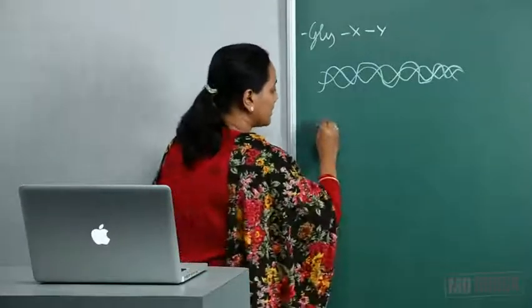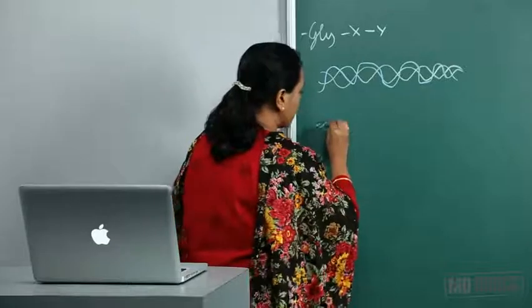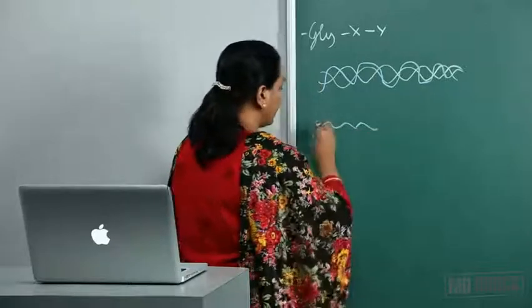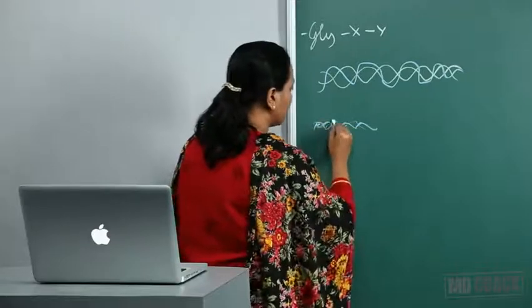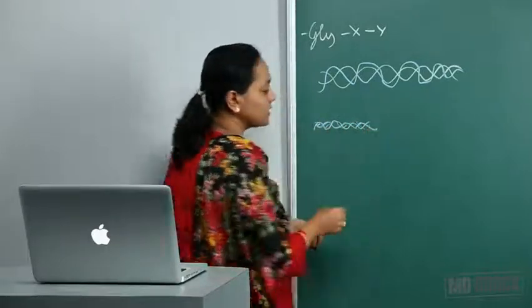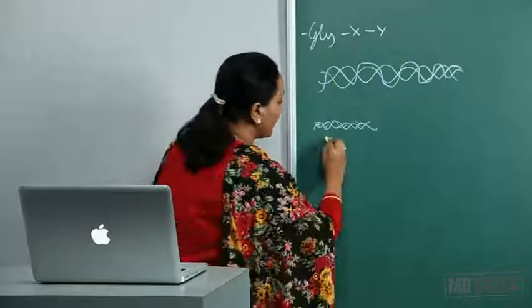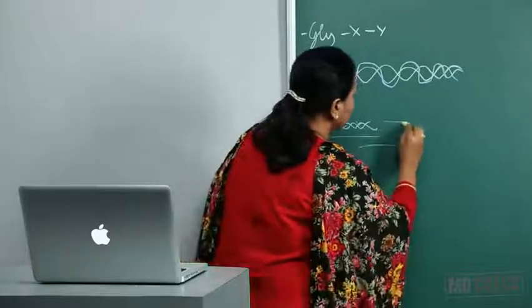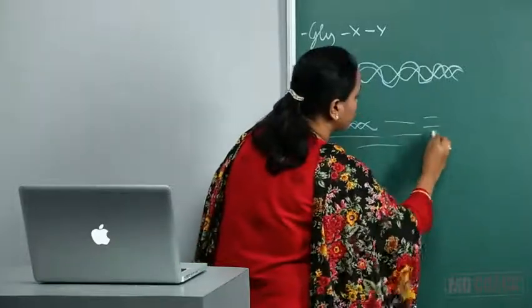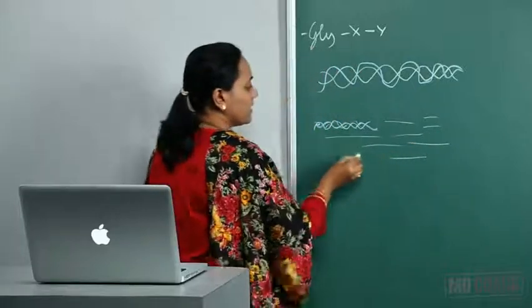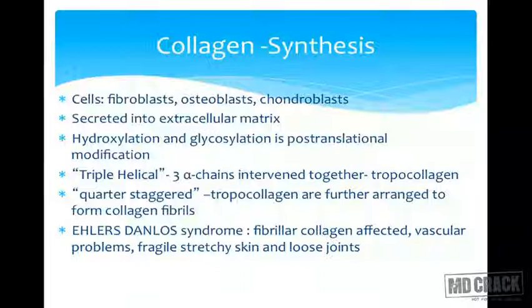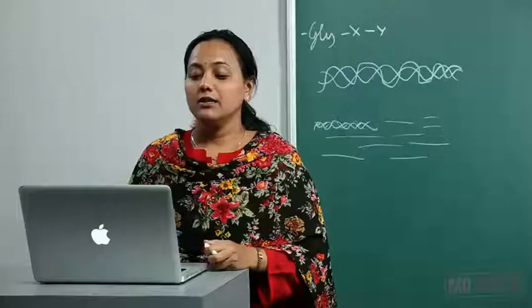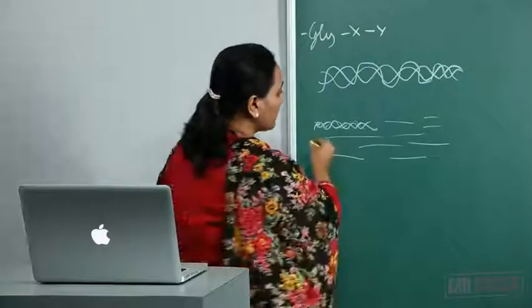Now, many such tropocollagen molecules, I'll just show it briefly like this, will aggregate together. This type of arrangement in which the tropocollagens are arranged is called a quarter-staggered structure.